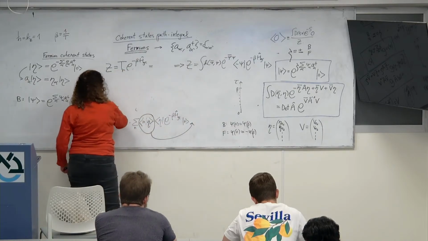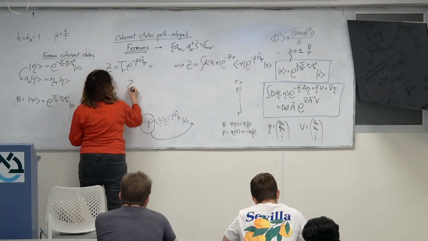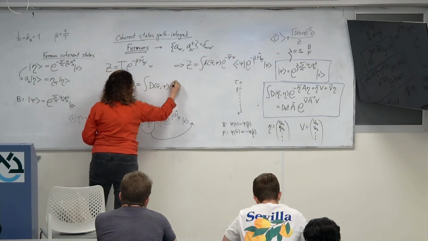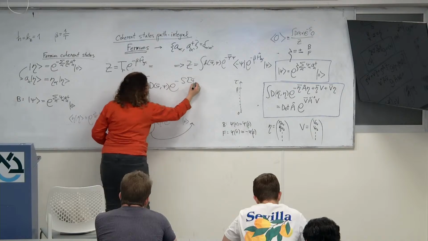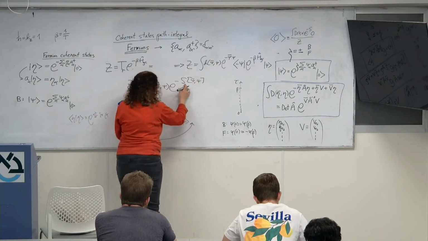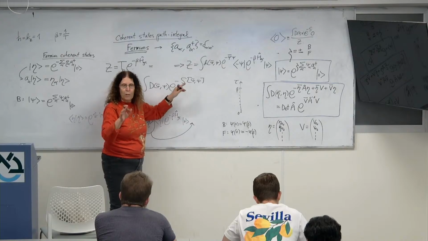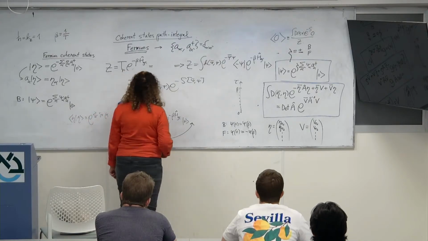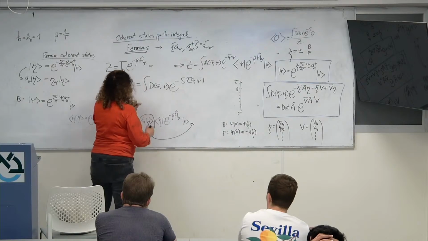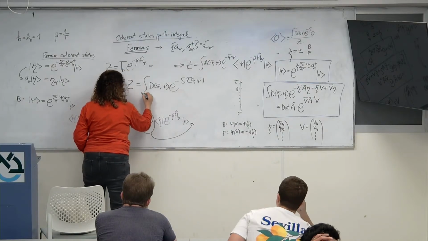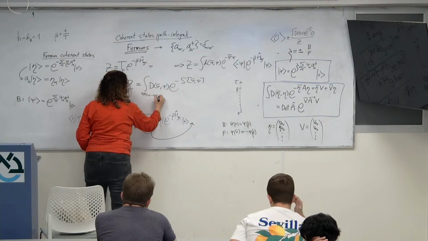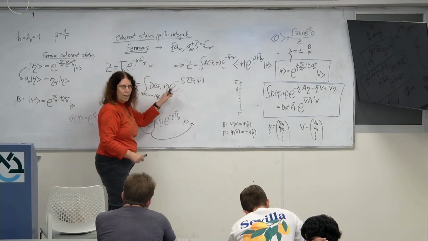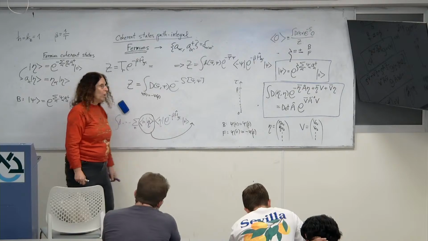In the end, for fermions, Z is something that you can implicitly write in exactly the same way, with psi bar, d tau, everything the same, but the boundary conditions are that psi 0 is minus psi of beta, and of course these are Grassmann variables, therefore the result of the calculation will be different.